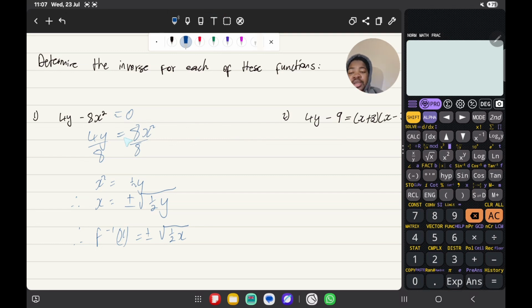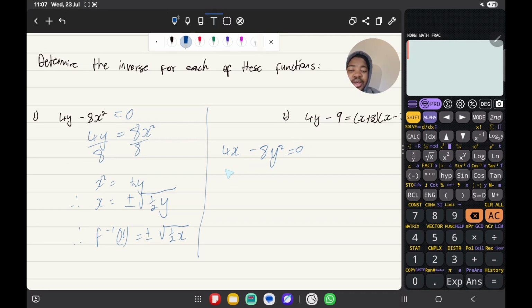So here I started first by solving for x, making x the subject of the formula, then later on swapped x and y. Another person might be comfortable with the idea of saying, let me say I have 4x minus 8y squared equals 0.